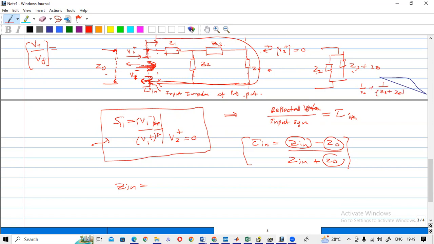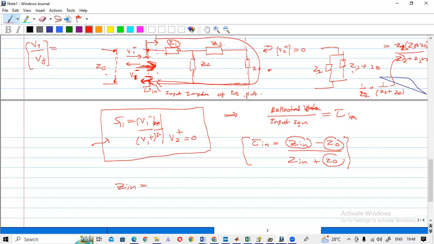If you get the common denominator and find the total Z here, that will be Z2 times Z3 plus Z0, divided by Z2 plus Z3 plus Z0. So that is the total impedance here. And the total impedance of the circuit, you should add Z1 also, no?